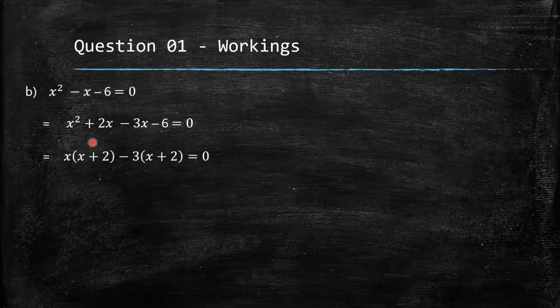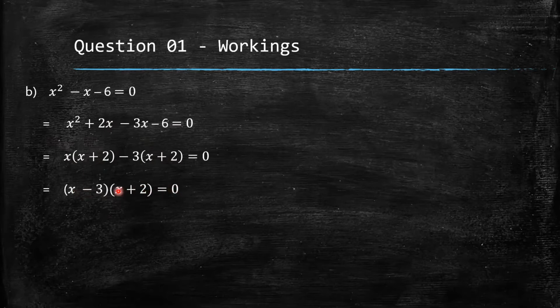So you can take x plus 2 out of these two terms. Once you take x plus 2 out, x will remain here and minus 3 will remain here. Once you expand the brackets, you can see x times (x plus 2) here, minus 3 times (x plus 2) over here. So it will be equal to 0.